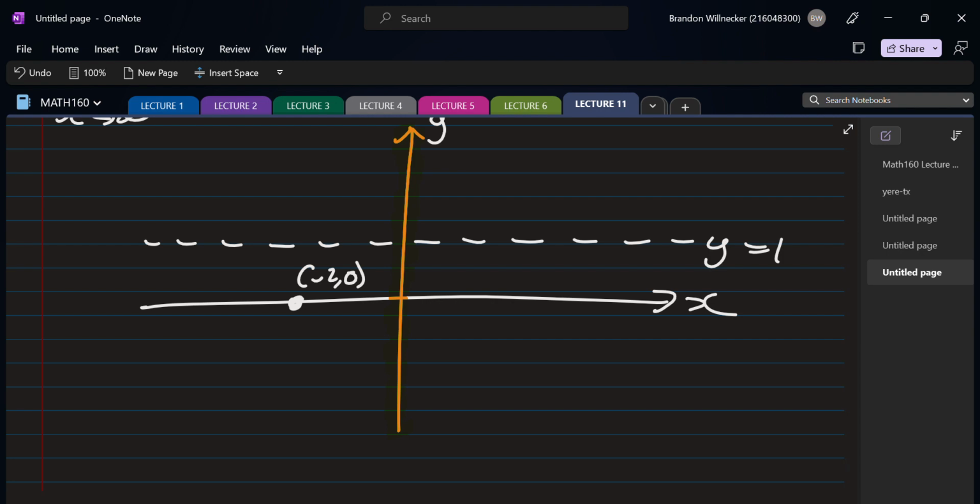So let's fill in what we need. Now we know that the function is always approaching this asymptote. So from minus infinity, it's like just touching the asymptote. So it's going to go like this, through the intercept, and then the y-axis is also an asymptote. So it needs to go along there as well. So it looks like that.